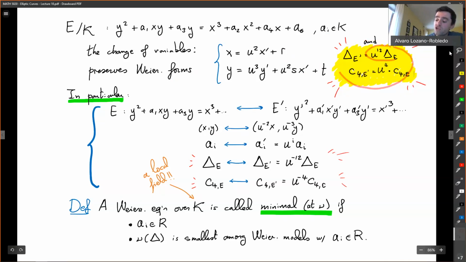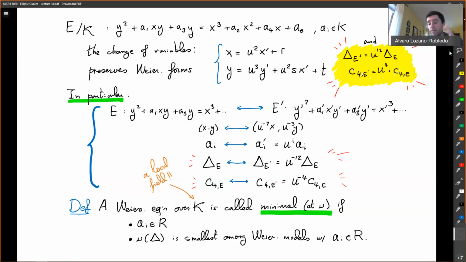In particular, the discriminant changes by 12th powers of elements, and therefore, if you have some power of the uniformizer in your discriminant, the best you can do is reduce it by 12 or a multiple of 12. So you can just keep changing: if you have a very high power of the uniformizer, say the valuation is 1,000, then you can start subtracting multiples of 12, as long as you keep your coefficients in the ring of integers.